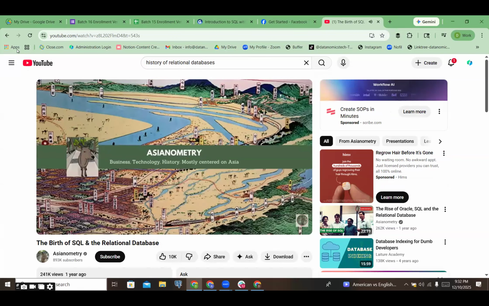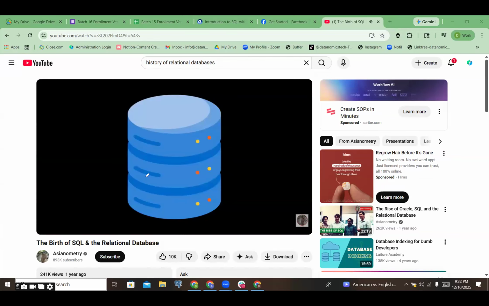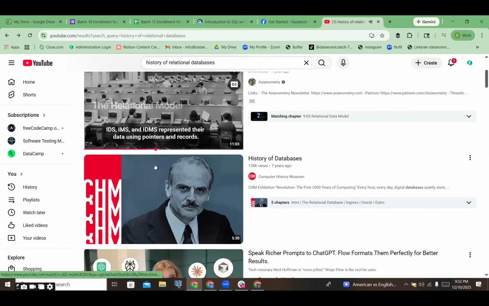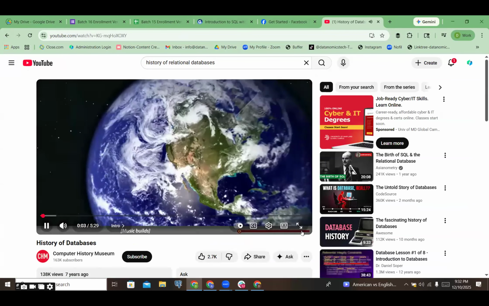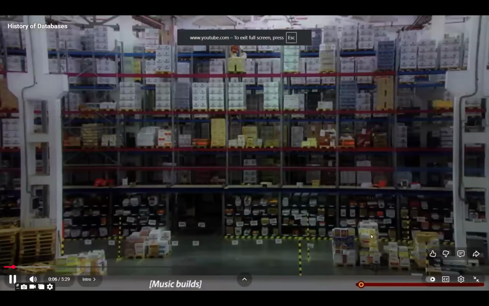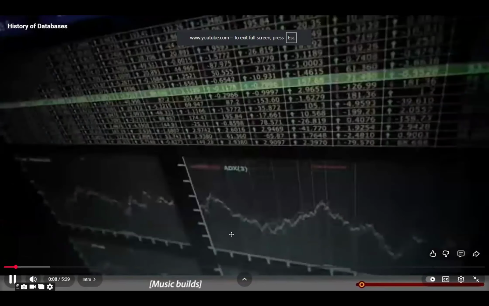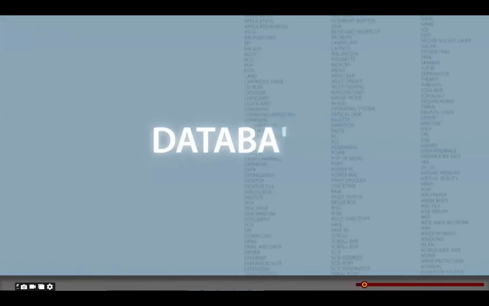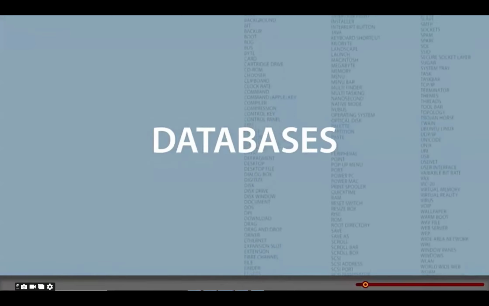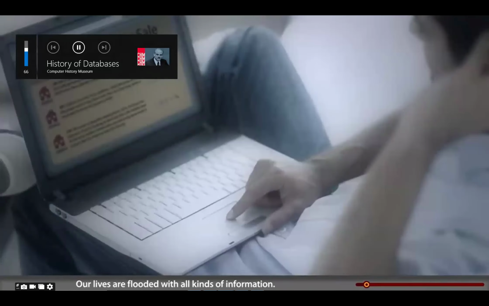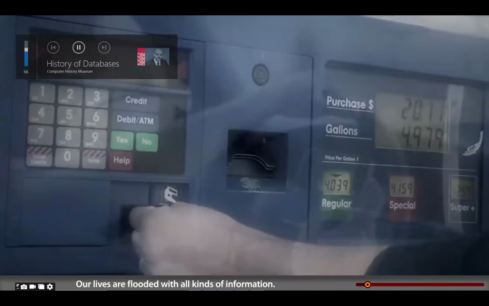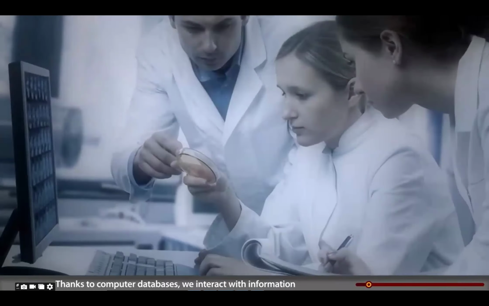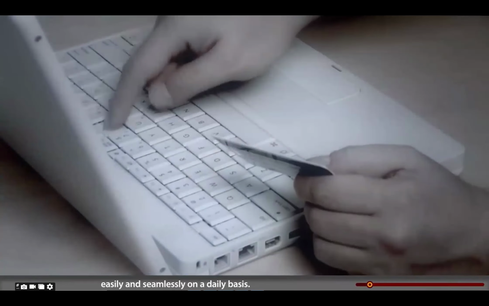A database stores data, but that is not its main purpose. A cardboard box can also store data, photos. Our lives are flooded with all kinds of information. Thanks to computer databases, we interact with information easily and seamlessly on a daily basis.